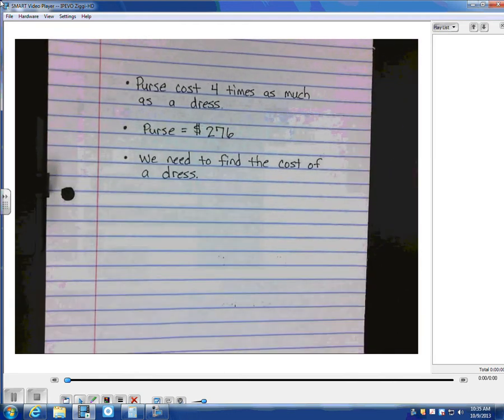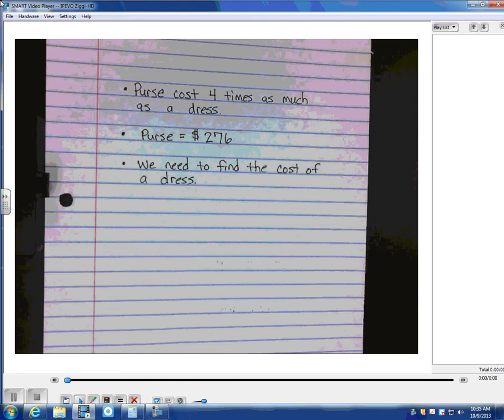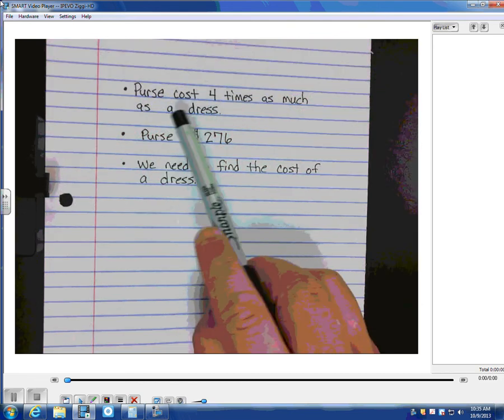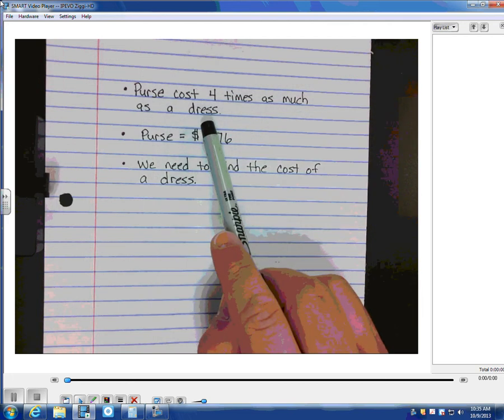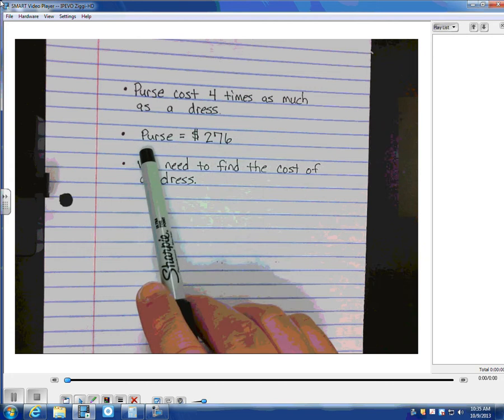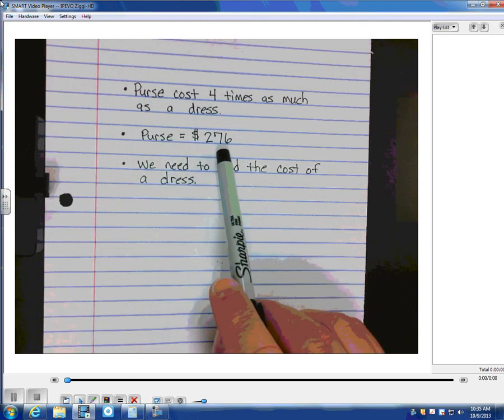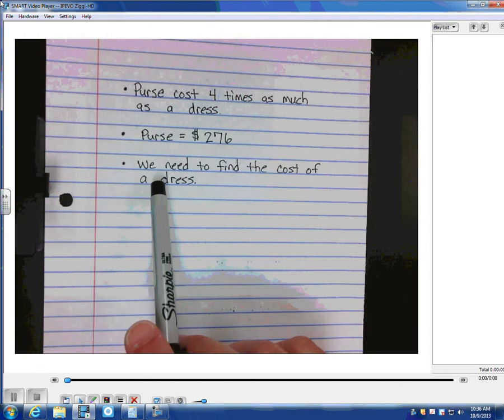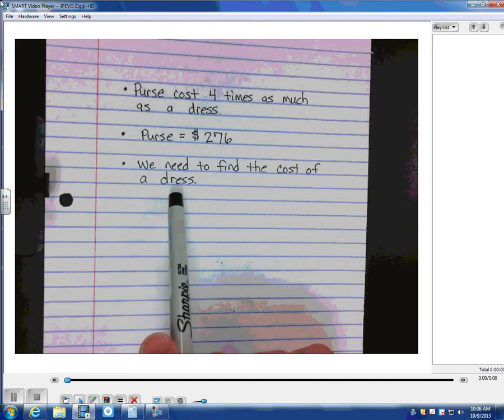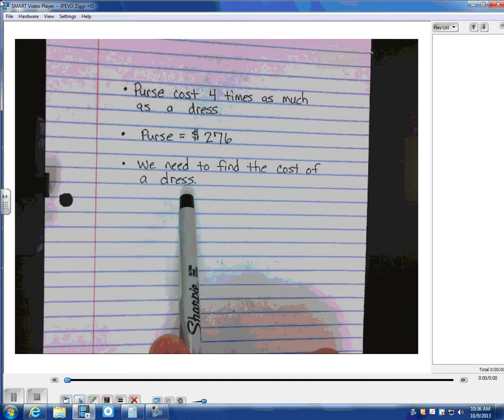There's a couple things we know already. One, we know that the purse costs 4 times as much as a dress. They give us that information in the problem. We also know that the purse is $276. What we need to find out is the cost of a dress. How much does a dress cost?